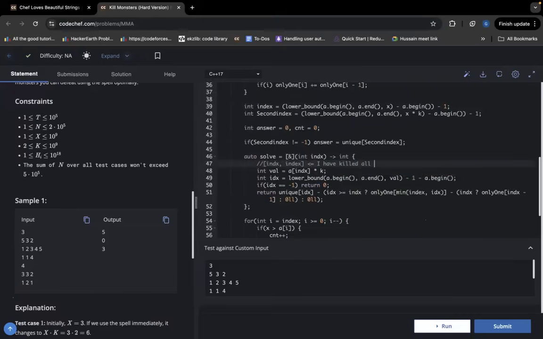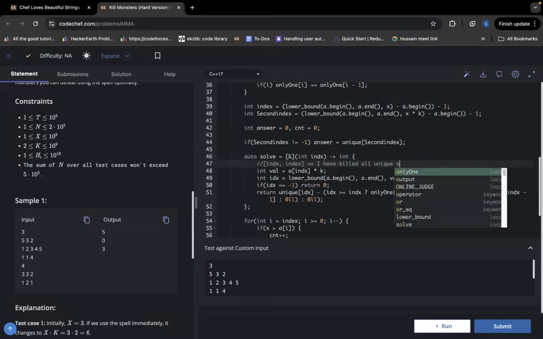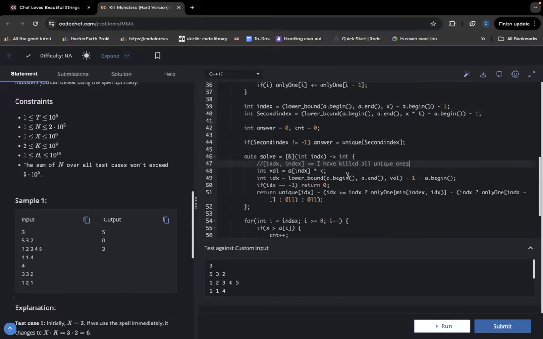Yes or no? Killed all unique ones? Yes or no? Tell me, guys. Yes? Okay. So I need to subtract the elements in this range that occur exactly once. Yes or no, guys? Tell me.